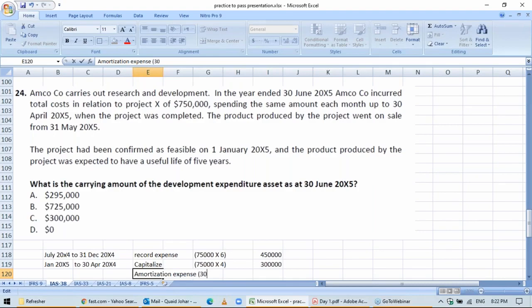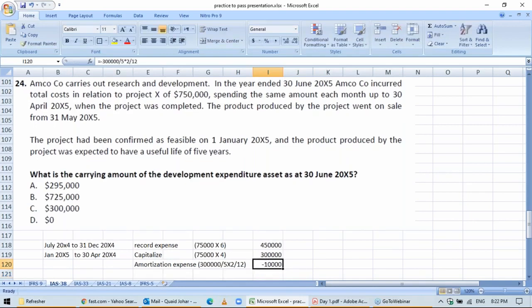So amortization will be 3 lakh divided by the life, which is 5 years, multiplied by 2 divided by 12. This gives you the amortization for the month of May.